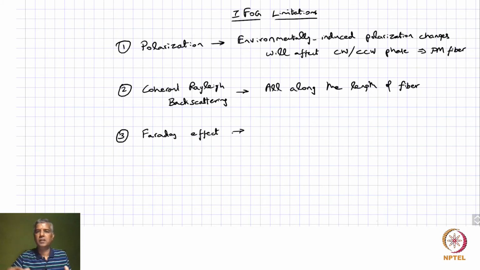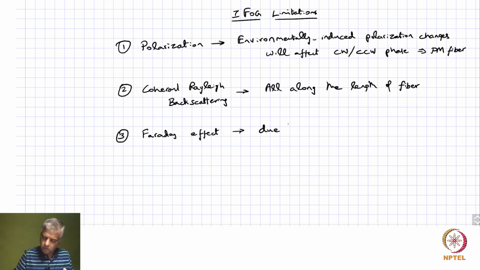Even something as simple as the Earth's magnetic field is enough to cause a small rotation in the polarization, and even that small rotation is enough to cause changes in the phase, like we said, any polarization change also involves a phase change, and that phase change is enough to basically increase the noise floor of your measurement. So that is something that you'll have to be very wary about.